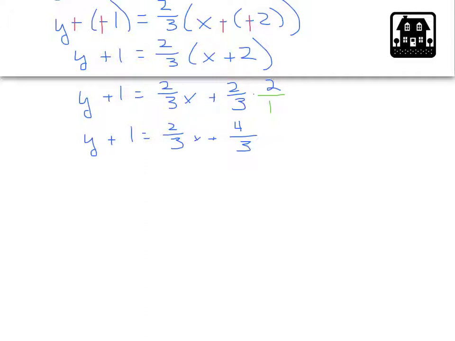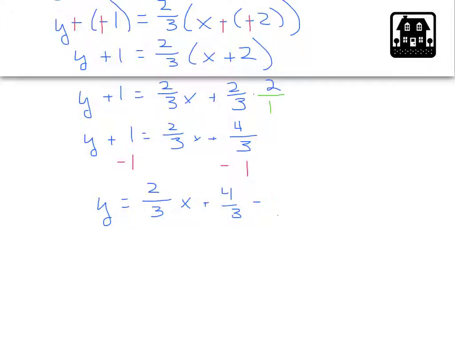And now we need to get rid of this 1 so that we can have a slope-intercept form. So we have y equals 2/3 x plus 4/3 minus 1.